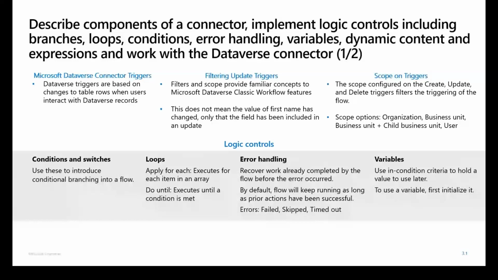We need to report the error or resolve the error or do something else. And then we've got variables, like Canvas apps, where you just start using a variable. In flows you need to initialize the variable as a separate step. Understanding all of these key features is probably the core of understanding how to automate.